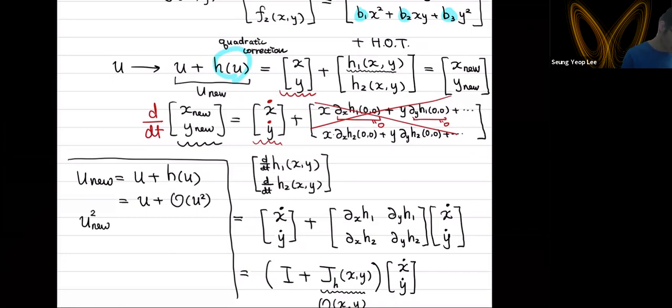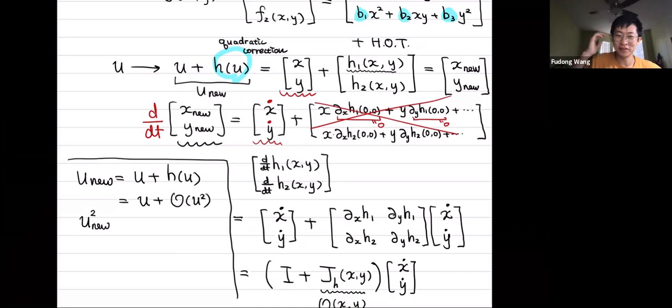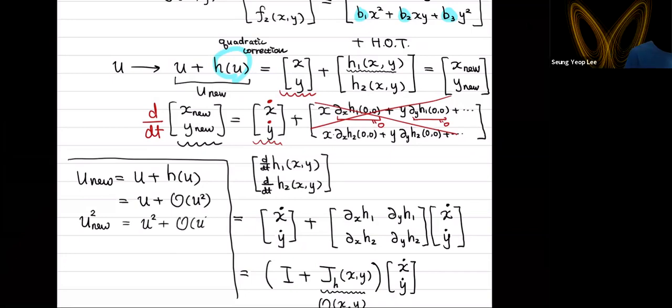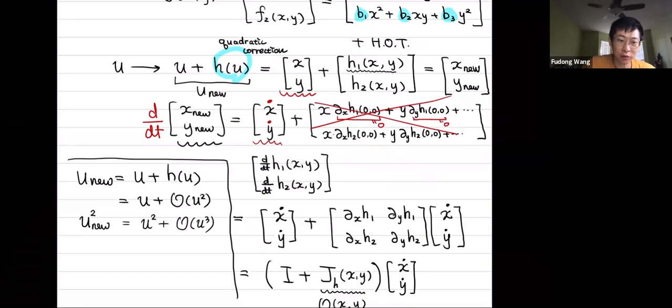U is a vector, but it doesn't matter, take the modulus. So O of u squared equals O of u nu squared.